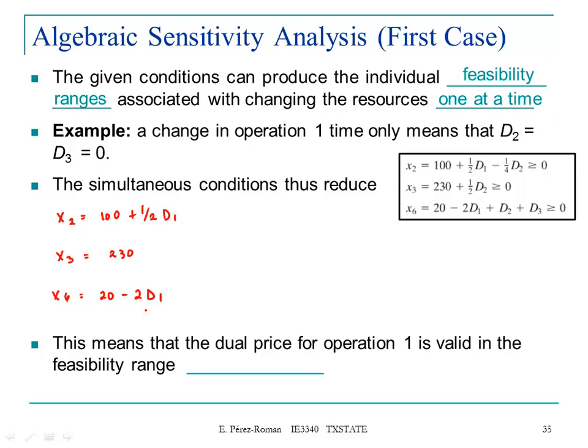And again, this is because we are saying that d1 is the only one that is going to change, and d2 and d3 equal 0. So this will become 0, this will become 0, and these two will become 0. So that's how you get these three expressions.